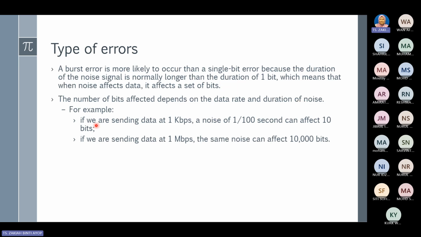For example, if you are sending data at 1 kilobit per second, a noise of 1 over 100 second can affect 10 bits. And if we are sending data at 1 megabit per second, the same noise can affect 10,000 bits.